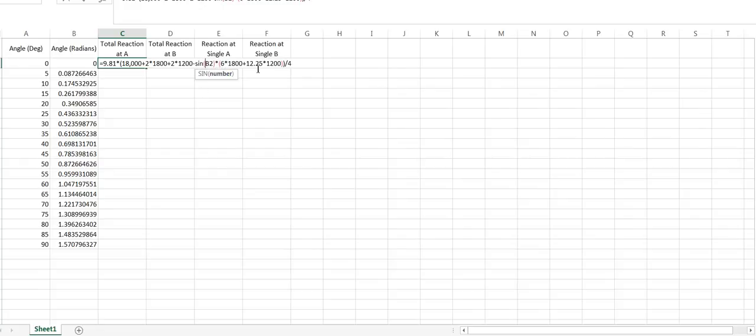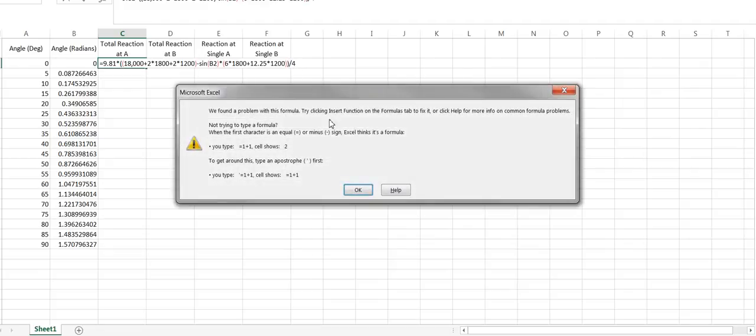Minus sine B2 times that. All over 4. Why do I have an extra? Let me see if I put an extra parenthesis in over here, if that clears things up. Okay, now I'll need an extra parenthesis there. Does that close things out? No.